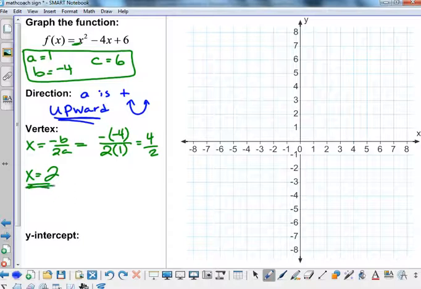That's important information. Now, to locate the actual vertex, we need the x-coordinate and the y-coordinate. Right now, we just have the x-coordinate, so we're going to take our x-coordinate of 2, plug it in to the function, and find the value of it. And that would tell us what our y is. So we're going to find the function of 2.